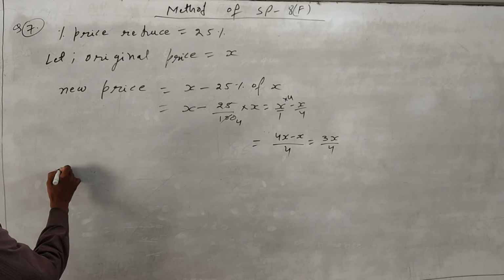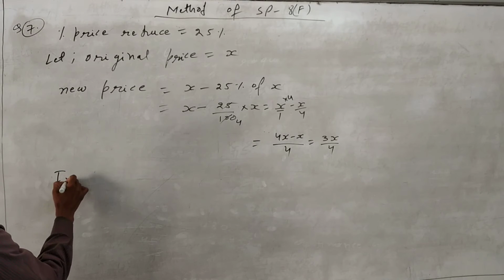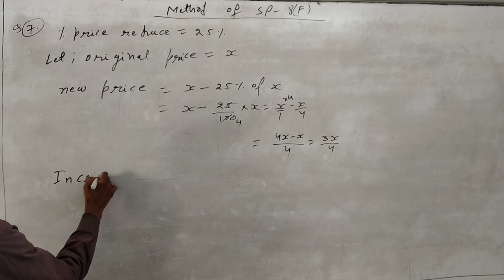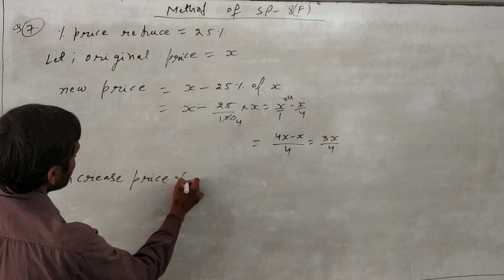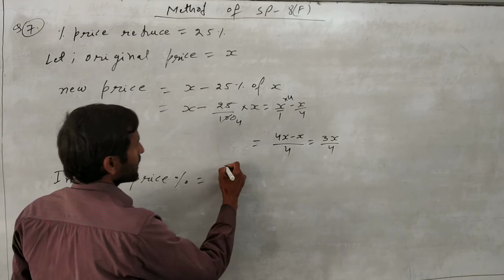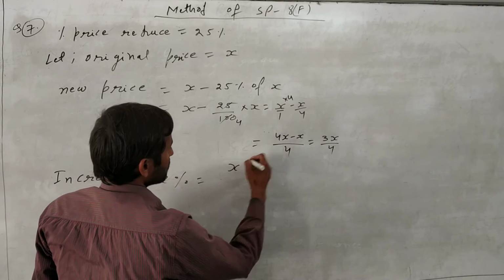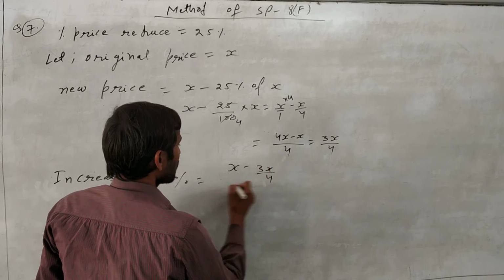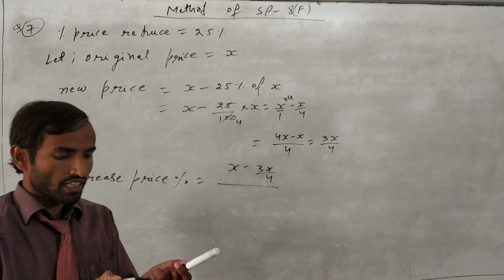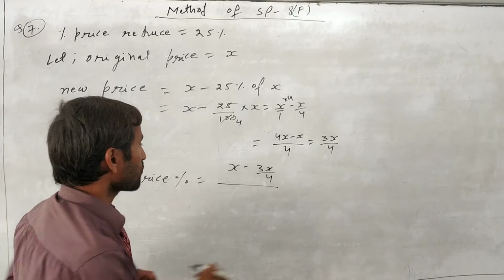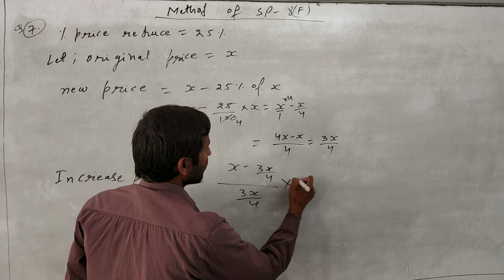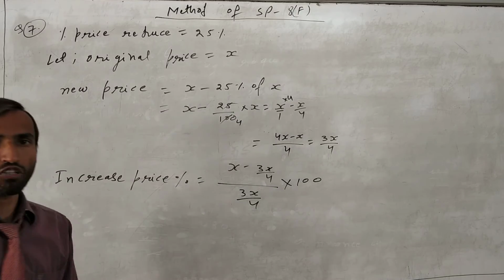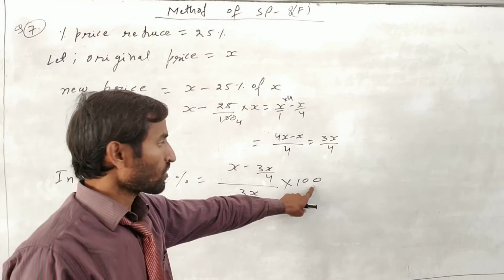For that, write down: percentage increase is equal to the difference, x minus 3x upon 4, and we have to find the percentage with respect to the new price. So we put 3x upon 4 in the denominator, into 100, because we have to convert it to a percentage.